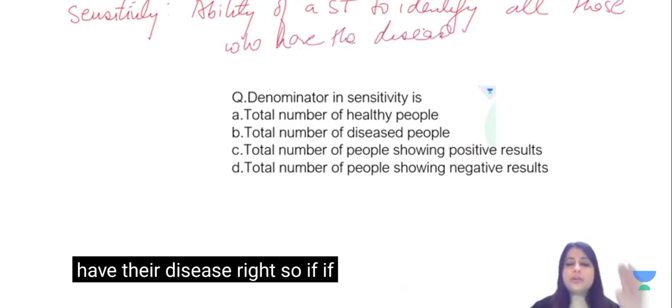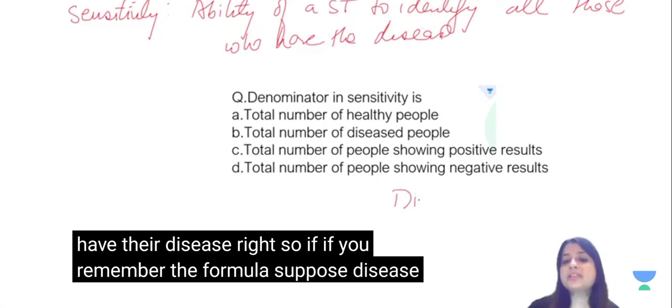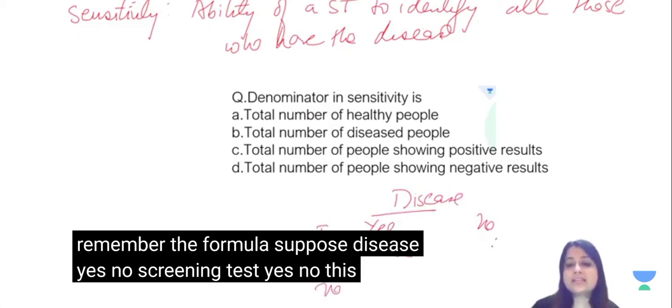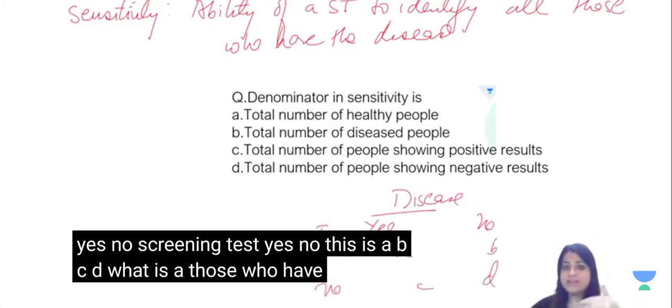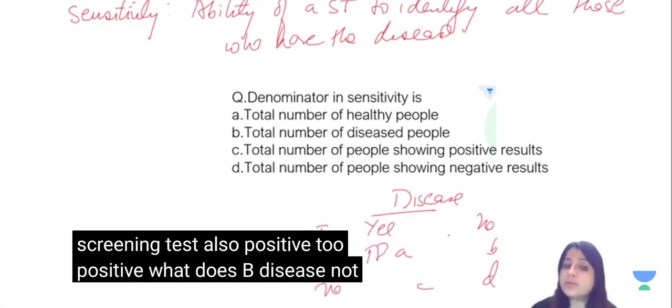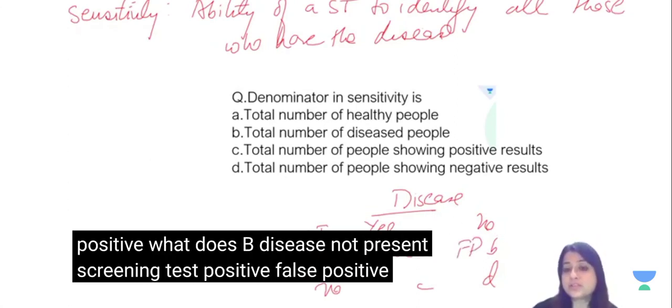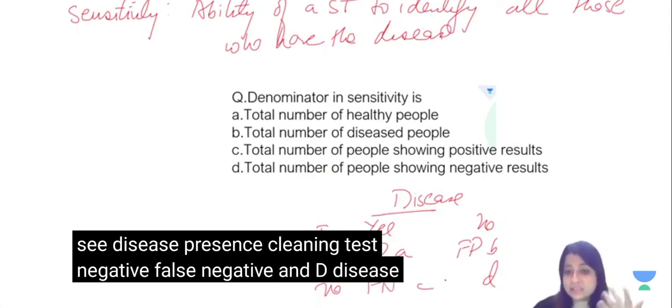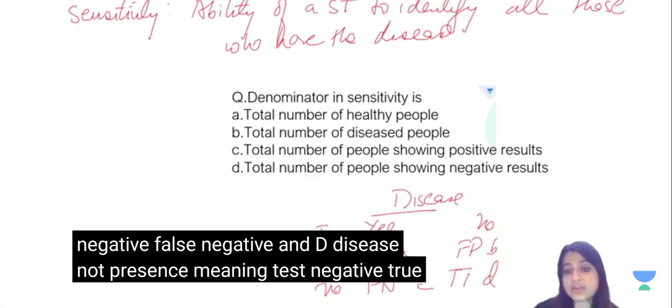So if you remember the formula, suppose disease, yes, no. Screening test, yes, no. This is A, B, C, D. What is A? Those who have the disease, screening test also positive, true positive. What is B? Disease not present, screening test positive, false positive. C, disease present, screening test negative, false negative. And D, disease not present, screening test negative, true negative.